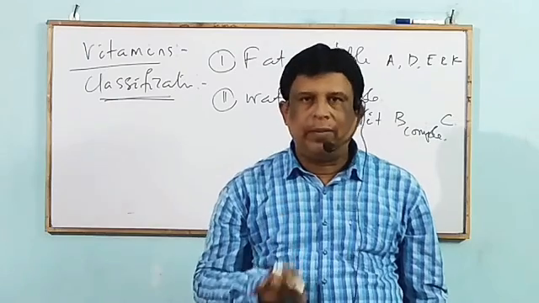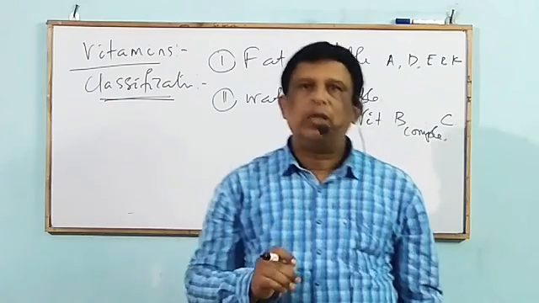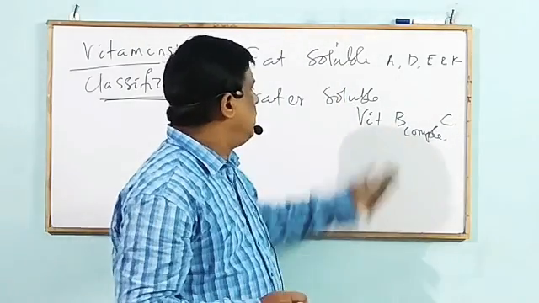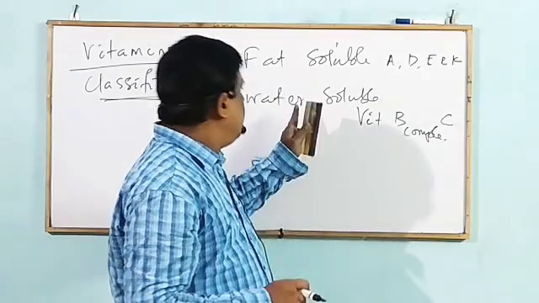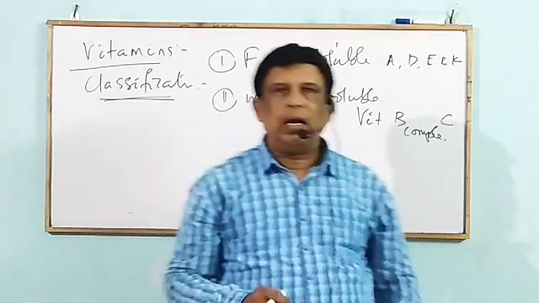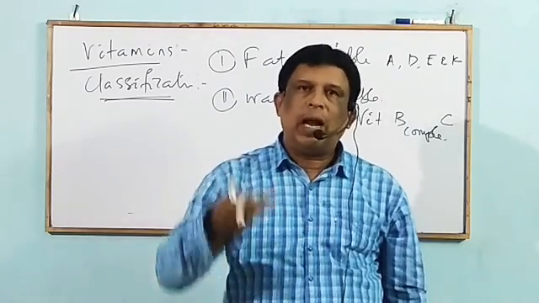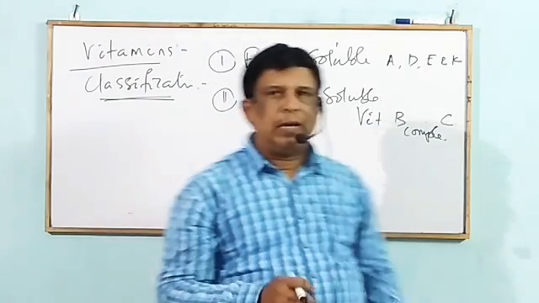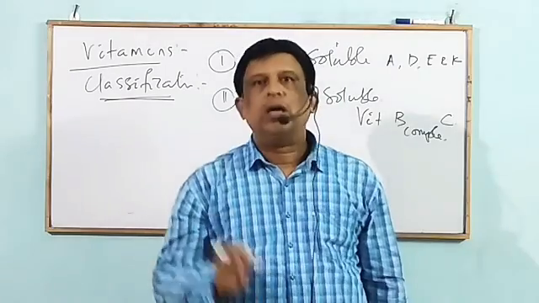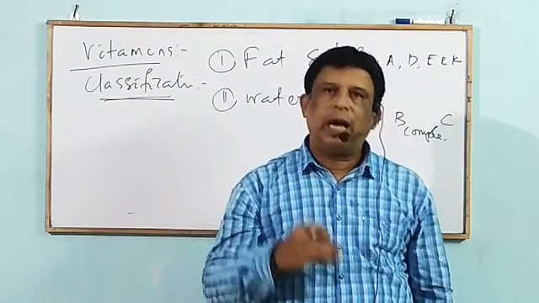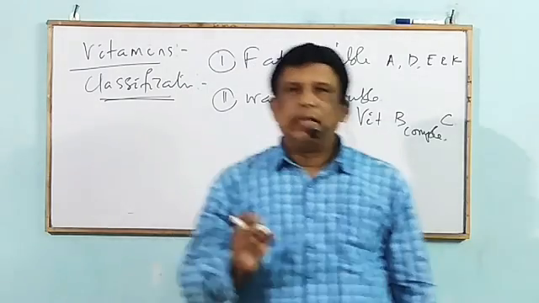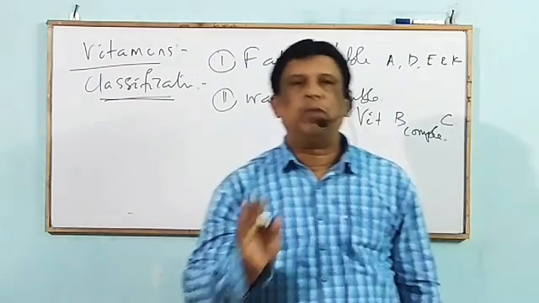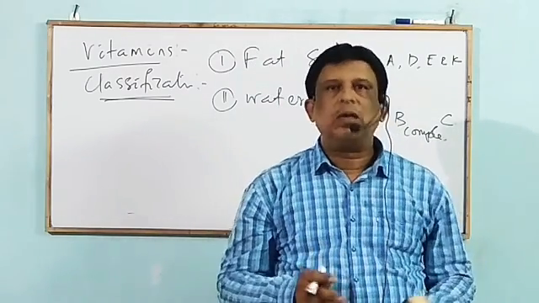The water soluble vitamins, vitamin B complex and C, are soluble in water, insoluble in oil, and must be supplied regularly in the diet because they are easily excreted in urine and cannot be stored in our body.